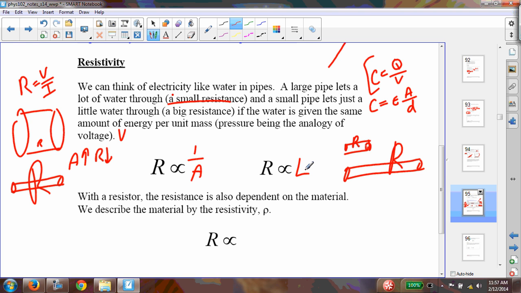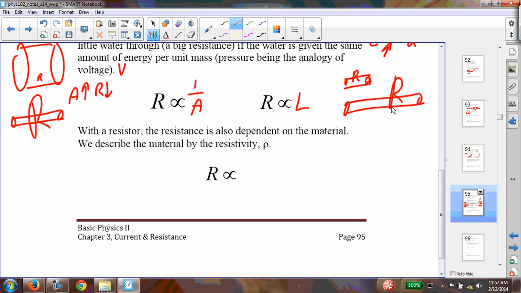Now, just as we did with capacitance, where we had a proportionality constant, we're going to have a similar proportionality constant. It's a little bit different in that it's different for every material. We call this proportionality constant the resistivity, rho, and the resistance is directly proportional to rho.